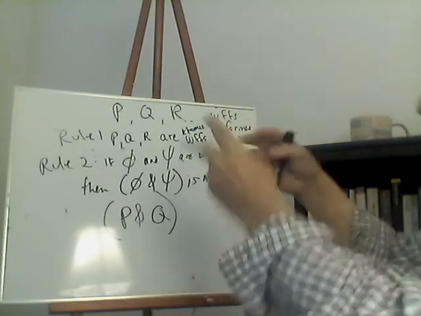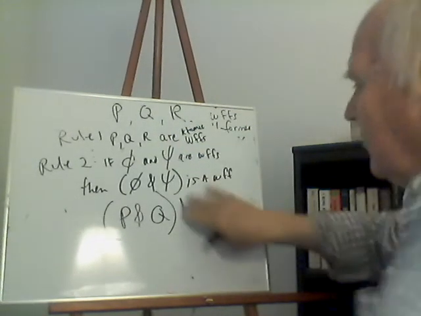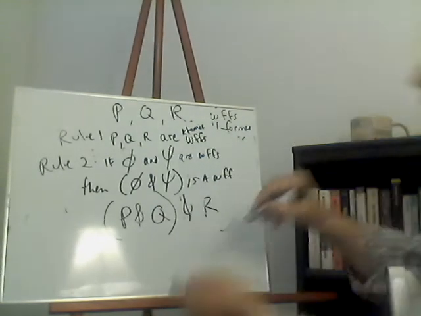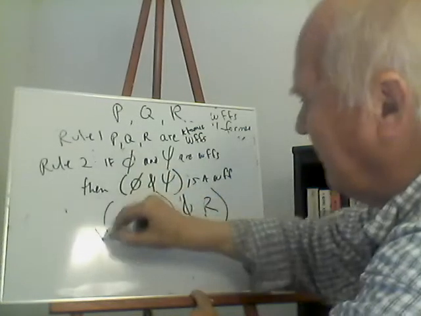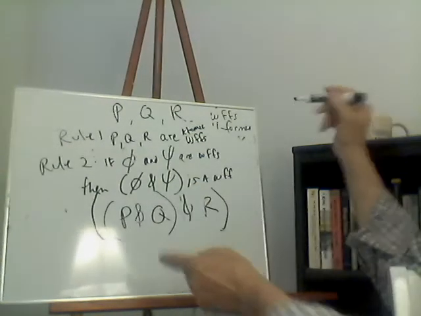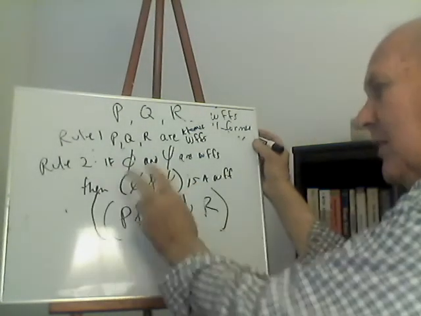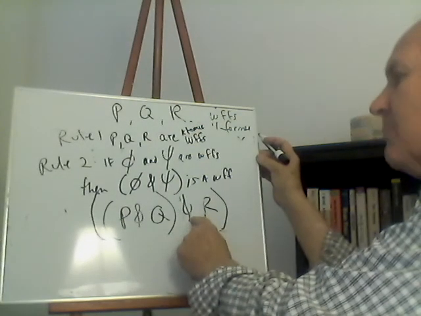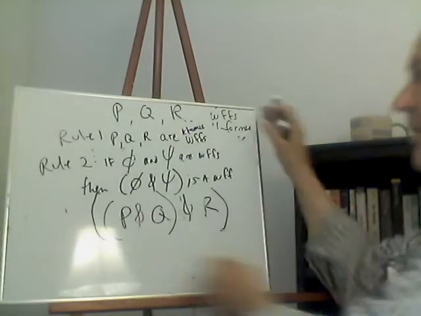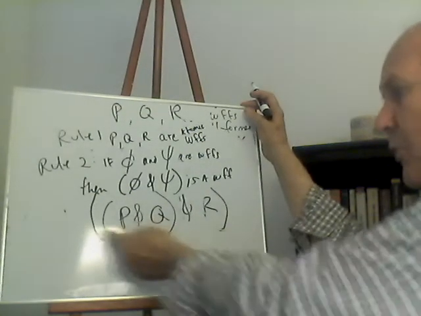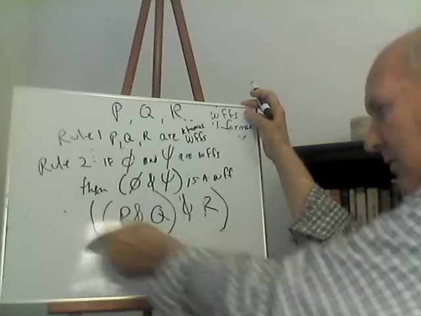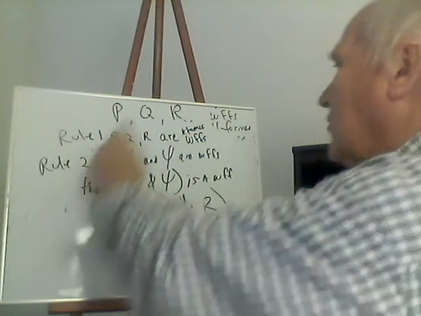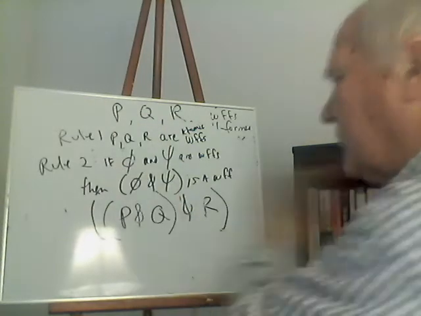Rule 2 says you could put an ampersand between any two WFFs, any two sentences or any two formulas. So now we'll put an R there, and then we also have to put parentheses like that. Because in Rule 2 you have phi and psi, put an ampersand between them, and then parentheses around them. This formula here, all of this, is a WFF, and we got it by applying Rule 2 to R and this statement here.